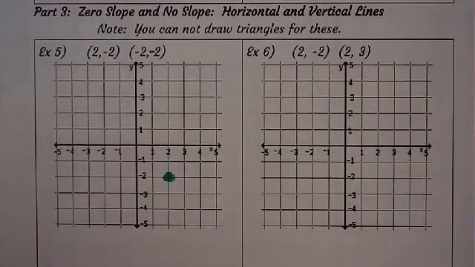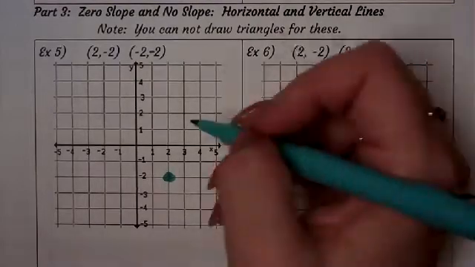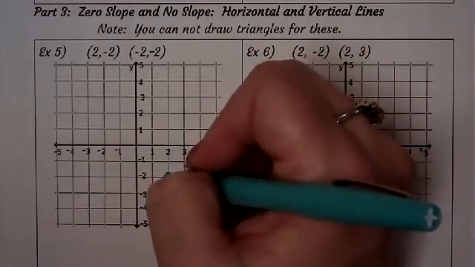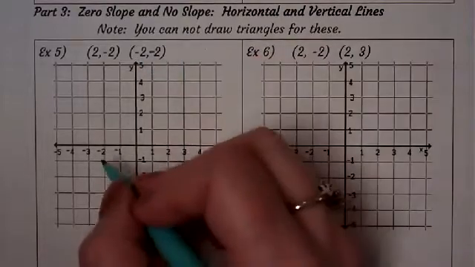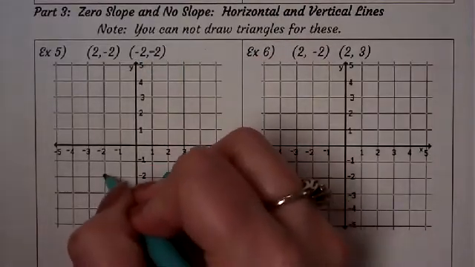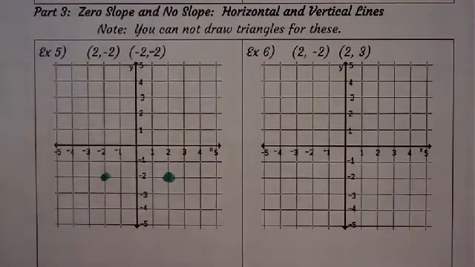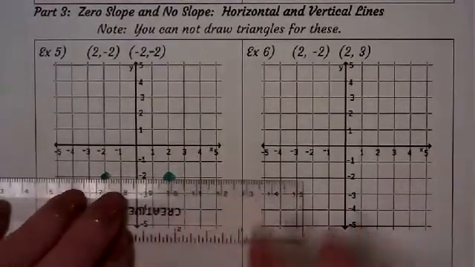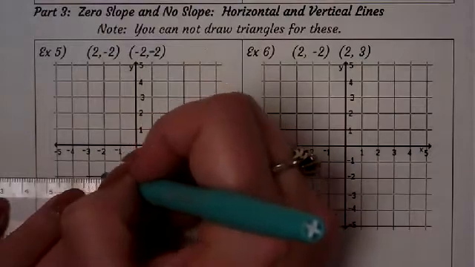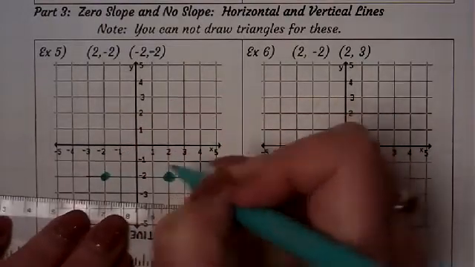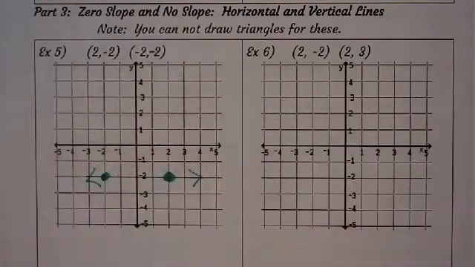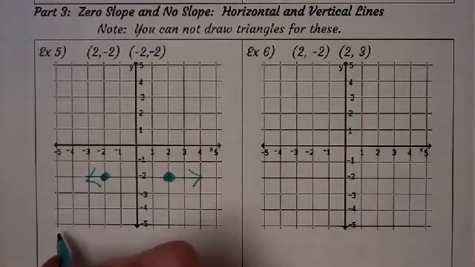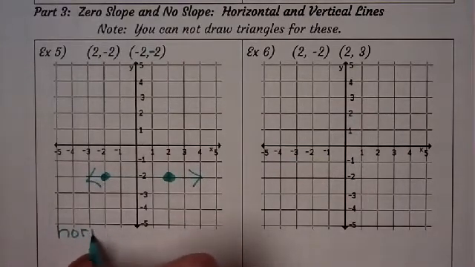I left that off, okay? So I've got 2, -2, and then let's graph -2, -2 right here, okay? Sorry about that mistake. Now, if I graph this line, what I do notice here is that this is a horizontal line.